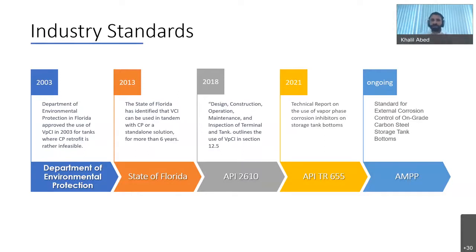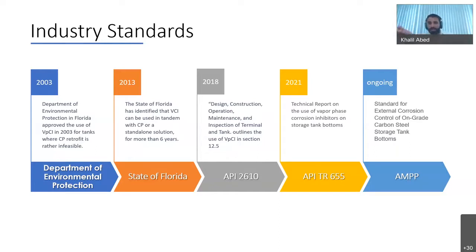Because of the track record from 2003 to 2013, it gave the confidence that this solution can be used as a standalone or in combination with cathodic protection. 8 years later, in 2018, API published the revision of 2610, the tanks and terminals standard, which outlined the use of VpCI for the tank bottom in section 12.5.